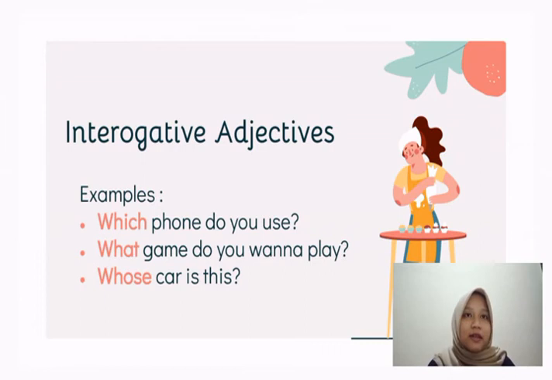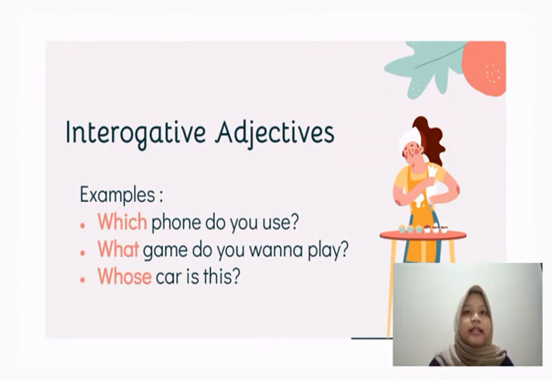The interrogative word here is what, and it is followed by the word game as a noun. And the last one is, whose car is this? And the interrogative adjective here is whose. And the following noun is car.